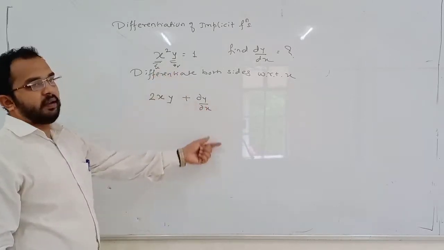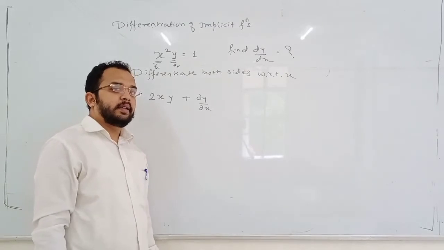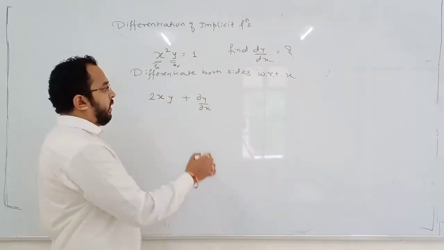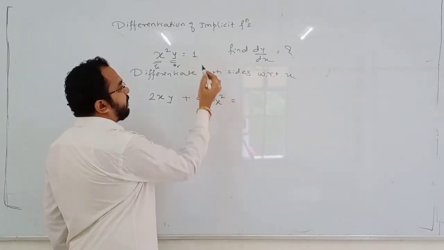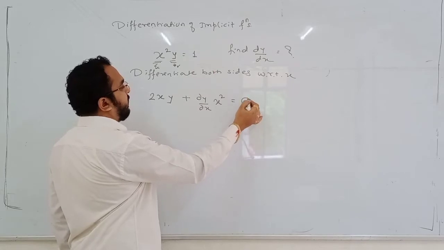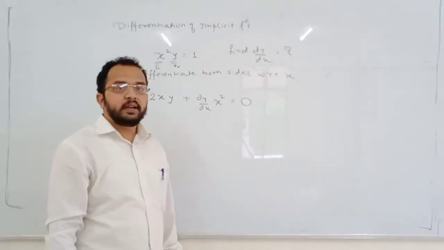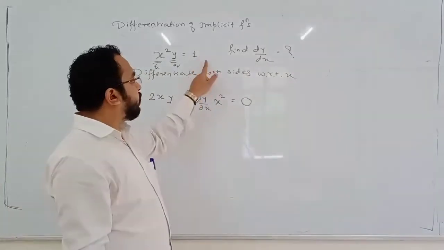Differentiation of y. What is the differentiation of y? Differentiation of y is dy by dx. Differentiation of second, first function as it is. And what is the differentiation of 1? Differentiation of 1 is 0. Because 1 is a constant function. 1 is a constant. So differentiation of constant is 0.